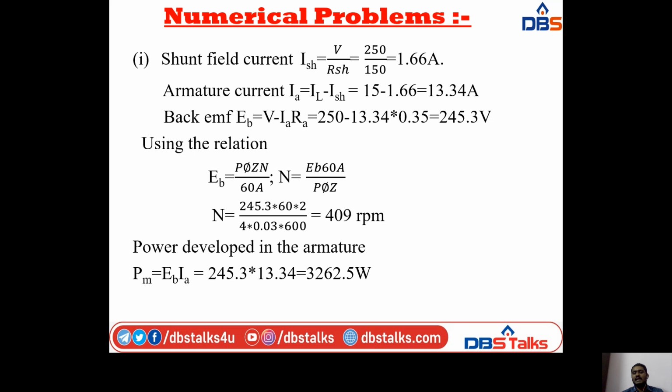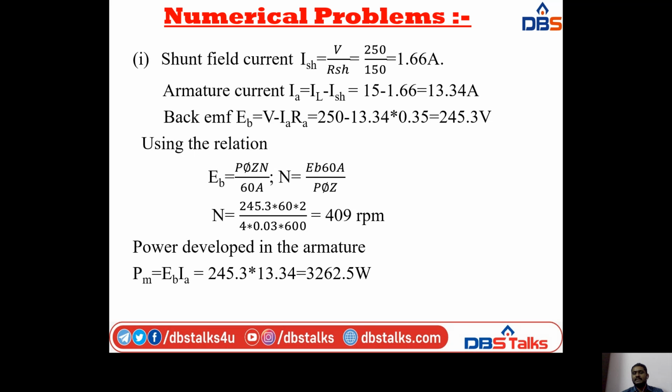And next we are going to calculate the back EMF. We know the voltage equation for a DC motor, that is V is equal to EB plus IaRa. So from that, back EMF EB is equal to V minus IaRa. Substituting the supply voltage, armature current and armature resistance, we have 245.3 volts as the back EMF value.